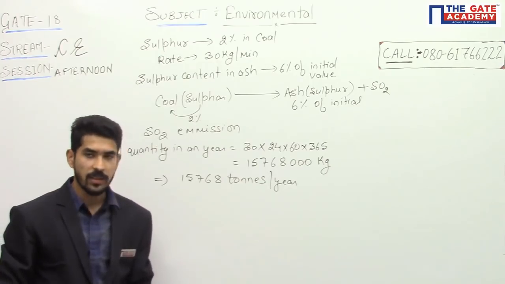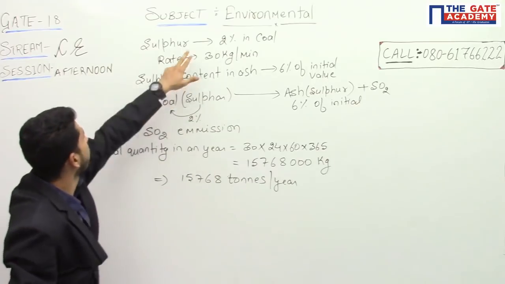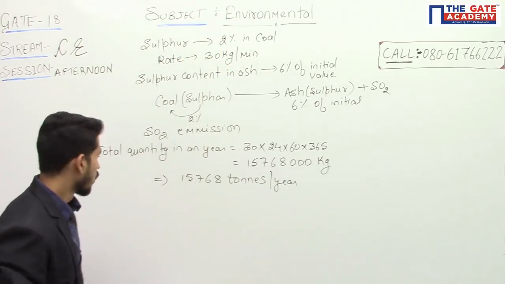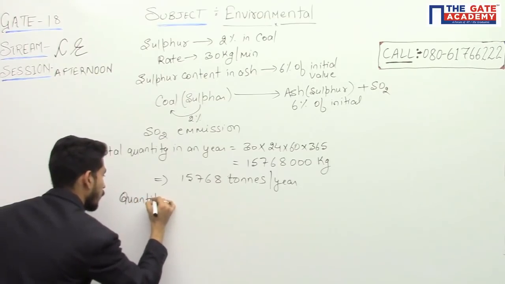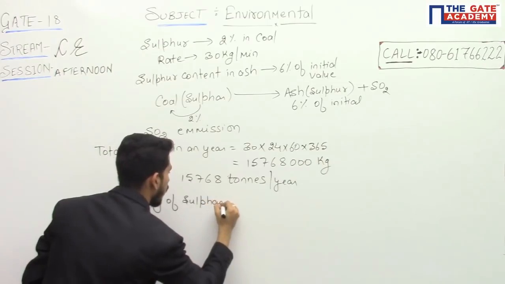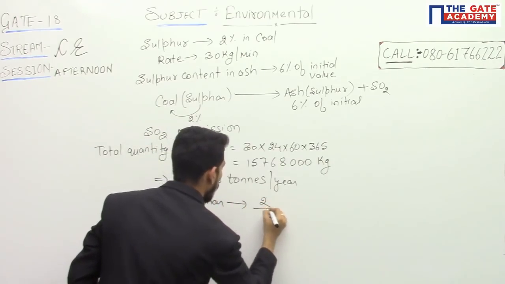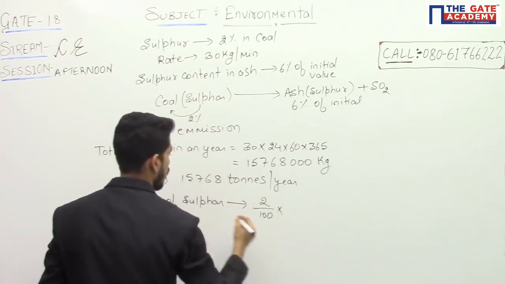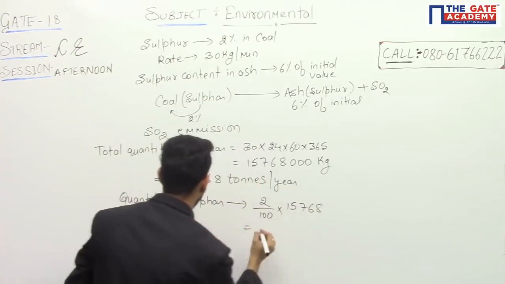Now what he says is, in this particular quantity of coal, we have 2% of sulfur. So the quantity of sulfur in this much coal is 2% into this value, 15768.